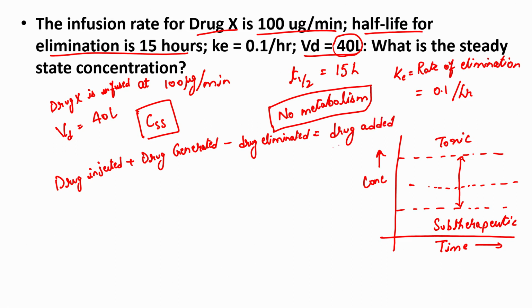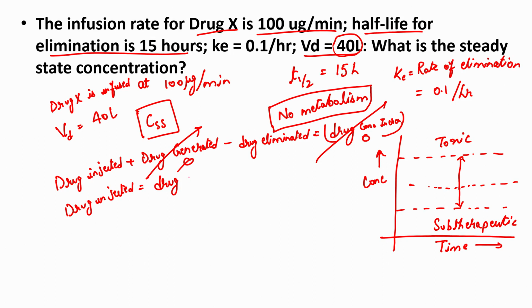Now, we are saying a steady state, so drug added is, like, the increase in the drug concentration, but since it is steady state, let me just say it is equal to the drug concentration increase. So, this is 0 because it is steady state, and we are saying that the drug cannot be generated. So, this is 0. So, then what we have is basically drug injected is equal to the drug eliminated. This is nothing but a mass balance.